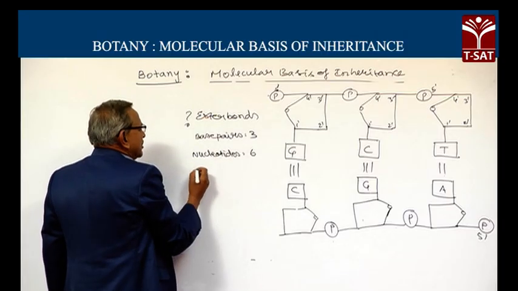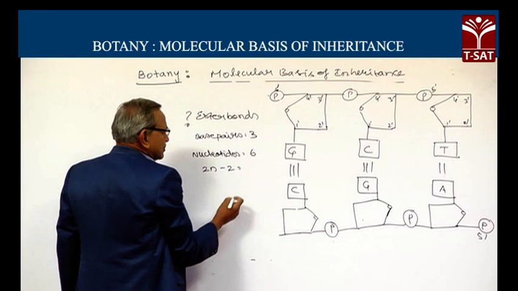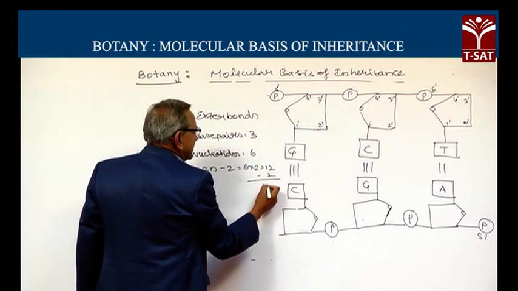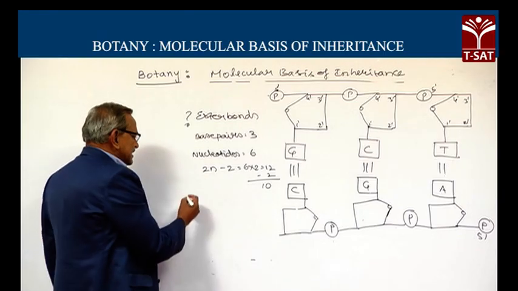To find out ester bonds, it will be 2n minus 2. So 6 into 2 will be 12, minus 2 will be 10. So 10 ester bonds will be present in this case.